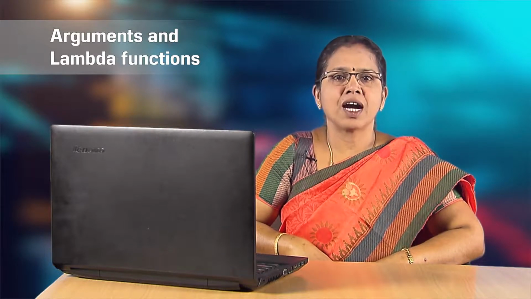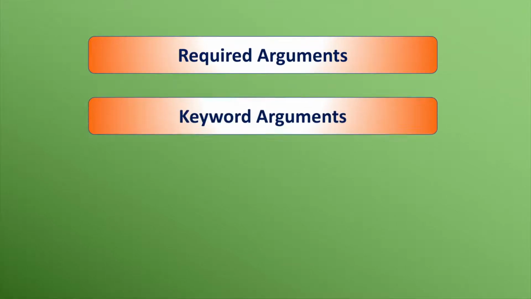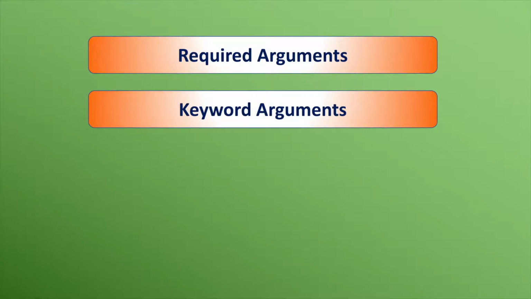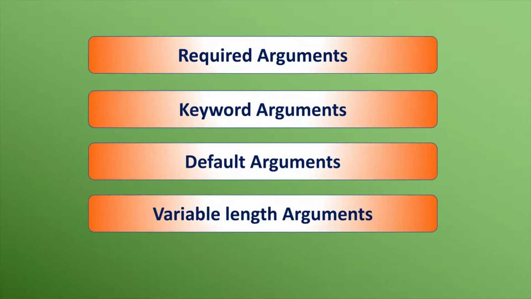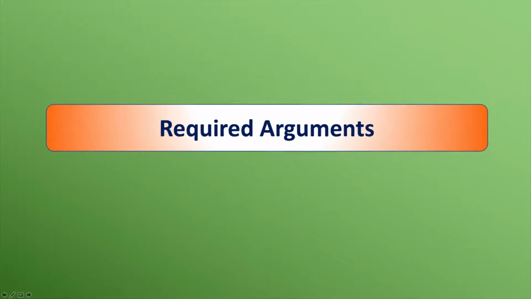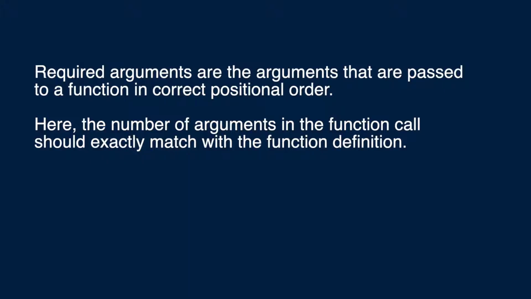The options are required arguments, keyword arguments, default arguments and variable length arguments. First, let us see about required arguments. Required arguments are the arguments that are passed to a function in correct positional order.